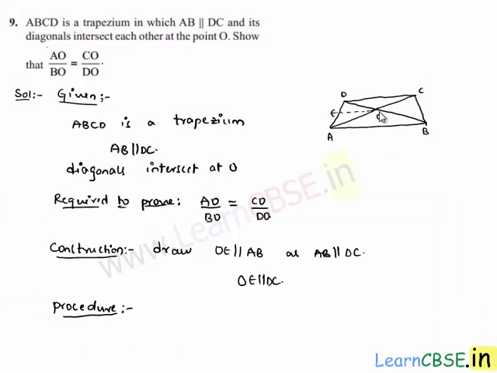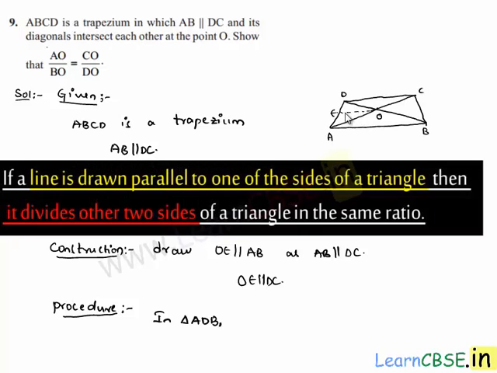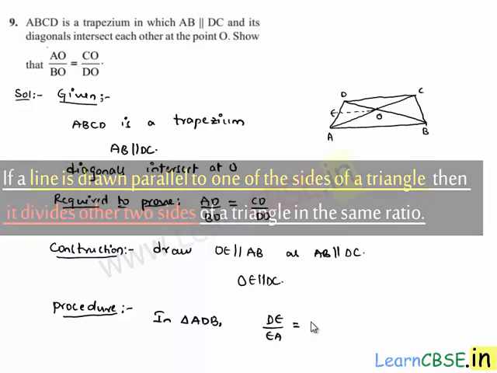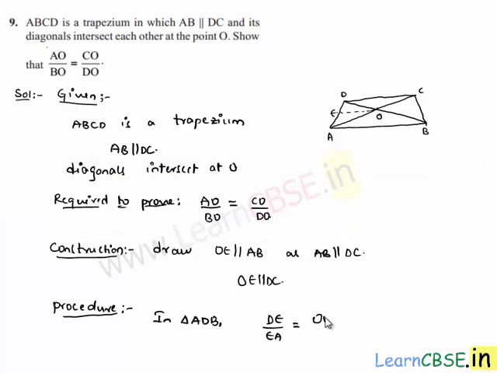Now moving on to the procedure. If we consider the triangle ADB, as OE is parallel to AB, by applying the basic proportionality theorem, we can say that DE by EA is equal to OD by OB. Let it be equation number 1.